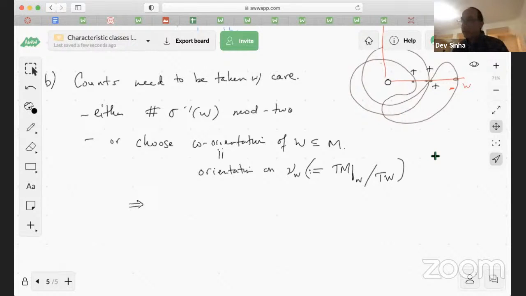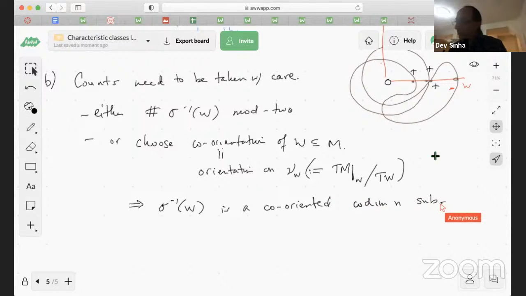I mean, you could do it more concretely than that, but the things that we've been developing let us then know that sigma inverse of W is co-oriented. And in fact, by the main transversality theorems as explained in Guillemin and Pollack, it's a co-oriented codimension n submanifold of delta n.